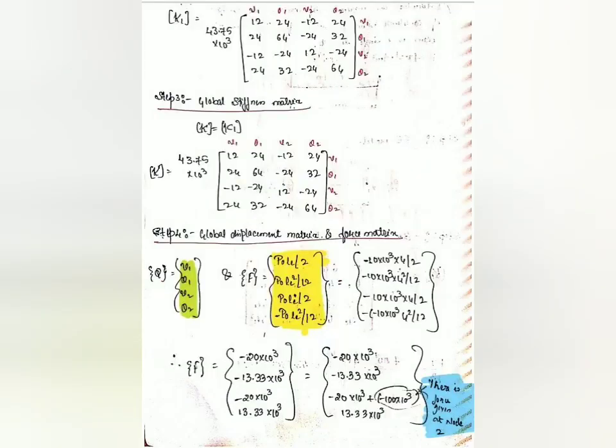That value we got 43.75 into 10 raised to 3 Newton per meter. Substituting EI by LE cube value and the length of element in the given stiffness matrix, we got a K1 stiffness matrix as shown here.